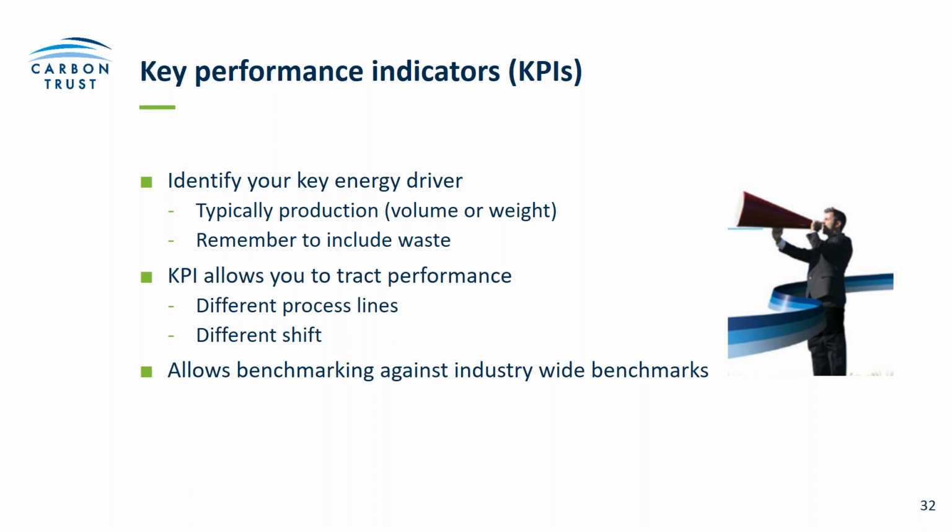All of these are very useful learnings to understand. I mean, if one shift is able to produce the product more efficiently, well, then there are learnings there that should be and could be cascaded down to the other shifts, so that that can be understood as well.